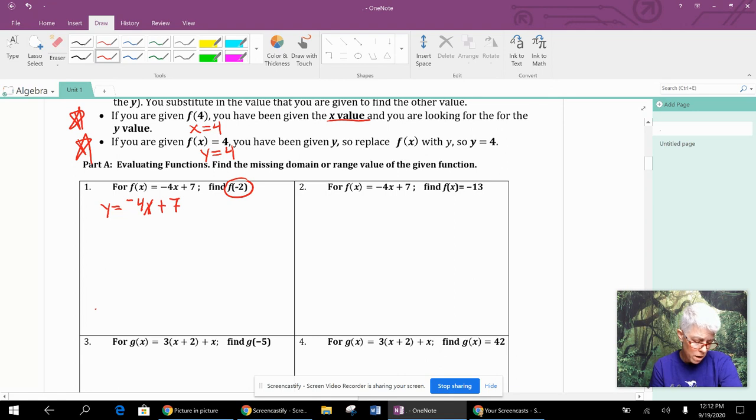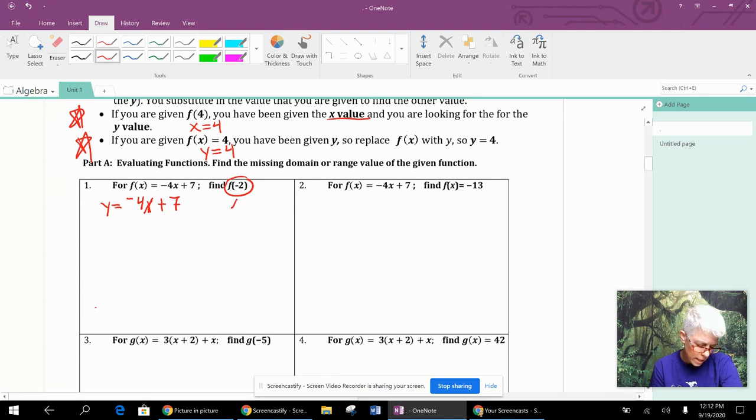Well, if you look above at what we starred off, you can see that they gave us X. So that is what you have to get straight in your head. If you look at number 2 and you see how they've written it, you can see that this is Y that they gave you. So in number 1, they gave me X, so we need to find the Y. In number 2, they gave me the Y, so we need to find the X.